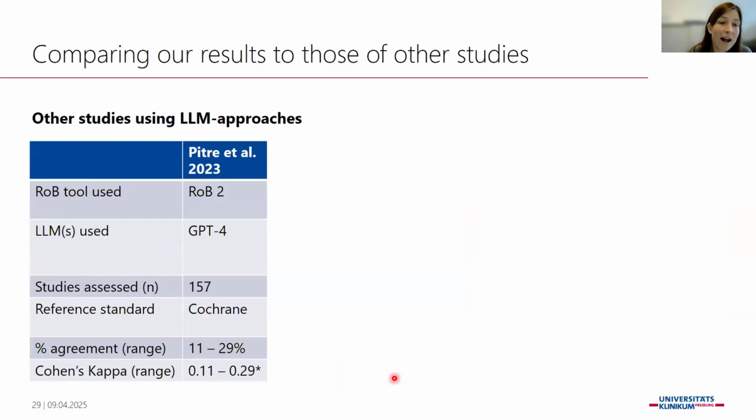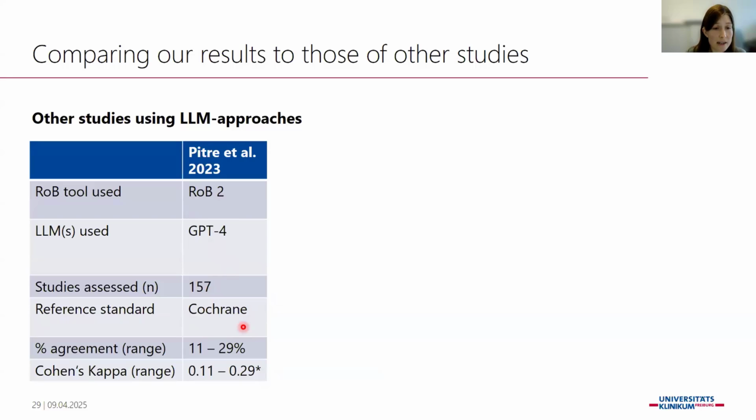So here are some results of other studies using LLM approaches. And first of all, Peter et al. They used a quite similar approach as we did, but they used GPT-4 as a model and not Claude. But the other things were quite similar. They also took Cochrane reviews as a reference standard.